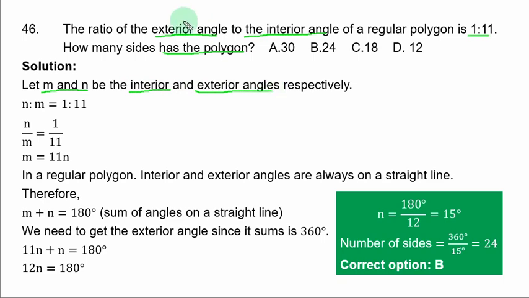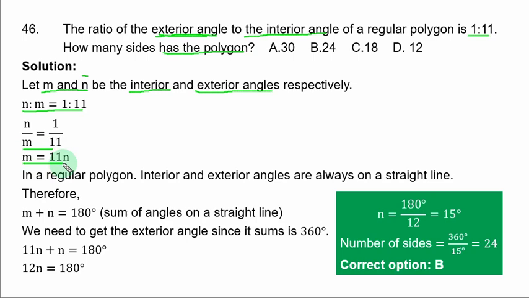The question started with the exterior angle, so our exterior angle is N. So you have N ratio M is equal to 1:11. If you express this in fractional form, you have N over M equal to 1/11. If you cross multiply, you have M equal to 11N.